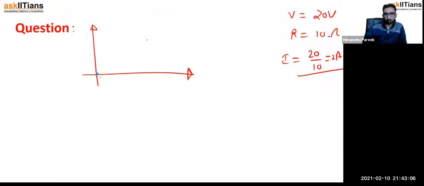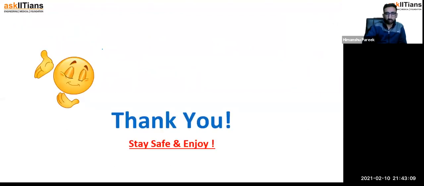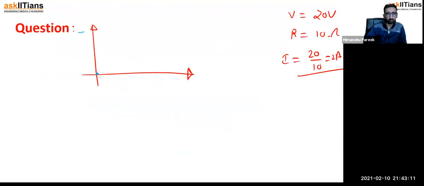If a graph was given to us, see the graph carefully. Some data I'm going to give you, it's my imagination, so do not believe that actual experiments were done to collect this data. It's my imagination, just to frame the question.